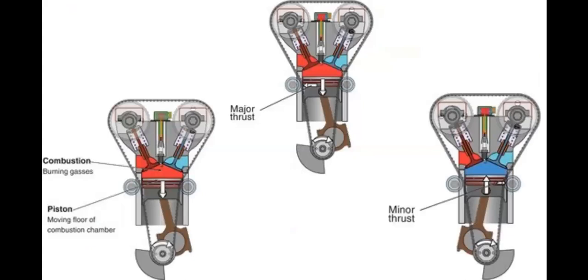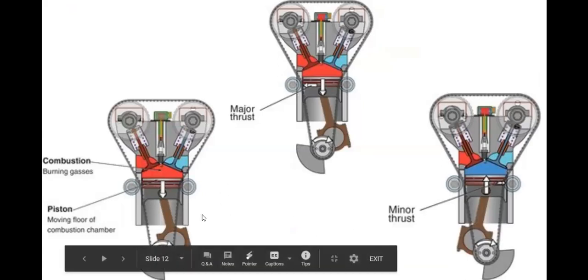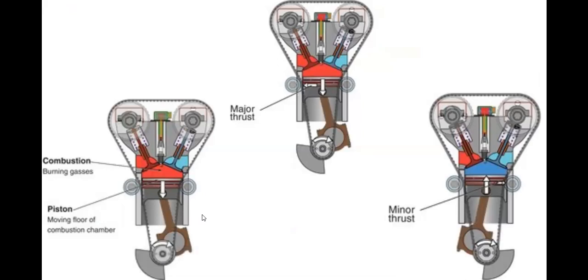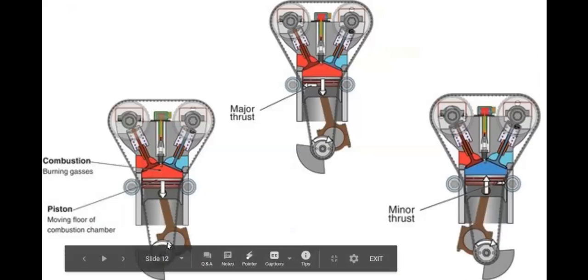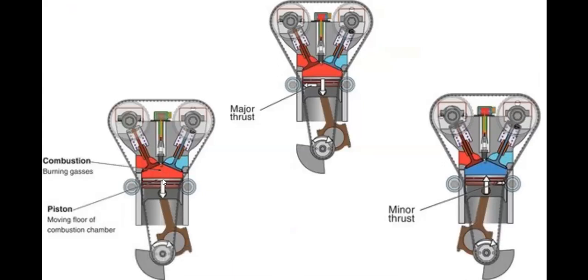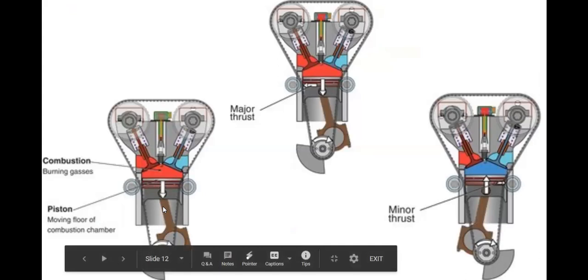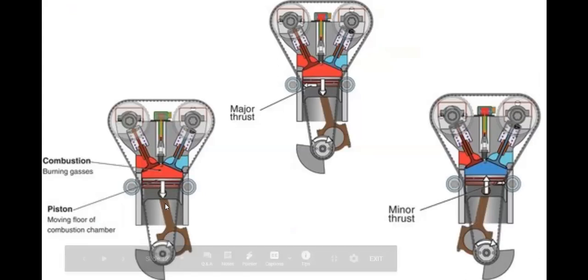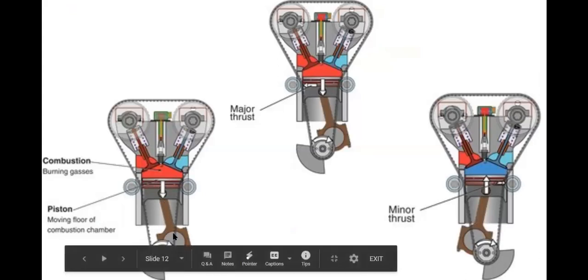The next thing I want to point out is how engines rotate and function. Let's look at this image here on the left. This is an image of a piston moving down. The crankshaft is rotating clockwise. Combustion forces are pushing the piston down, so that piston is pushing the connecting rod, which is pushing the crankshaft.